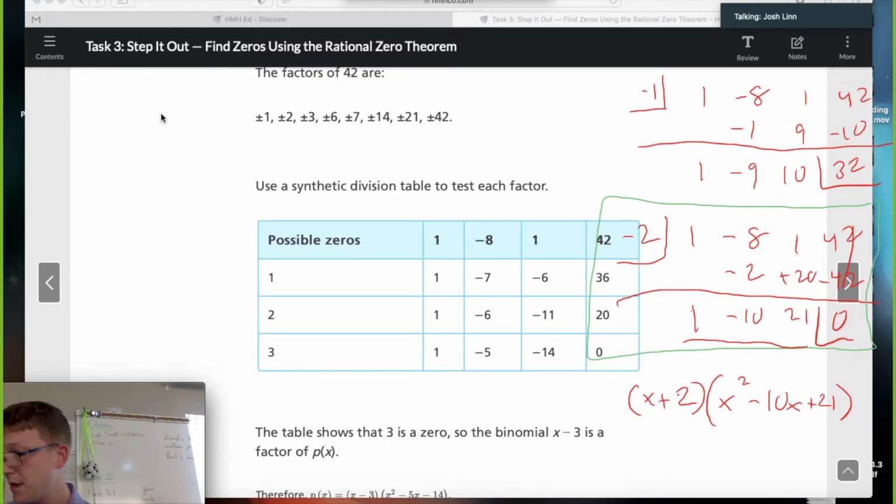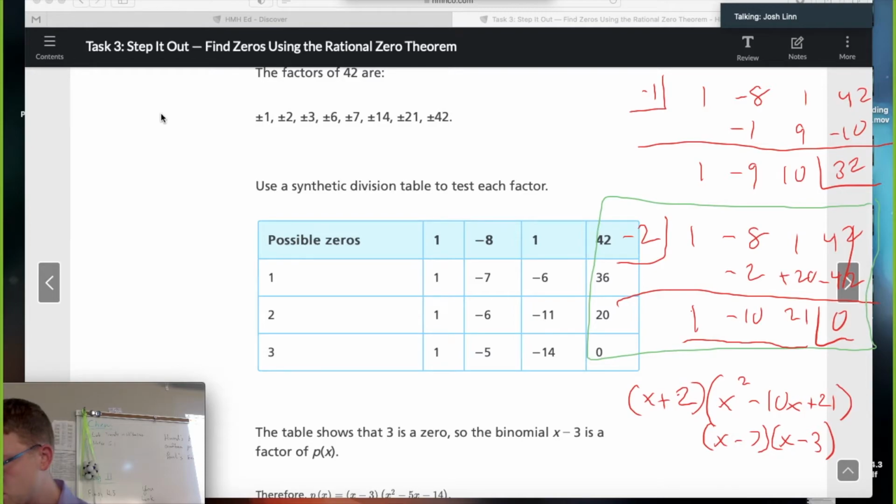And then from there, you could do the same process all over again. But at this point, you could probably factor it. So like, if you take 7 and 3, that would give you 10. So you can just factor this guy right here: x minus 7, x minus 3.